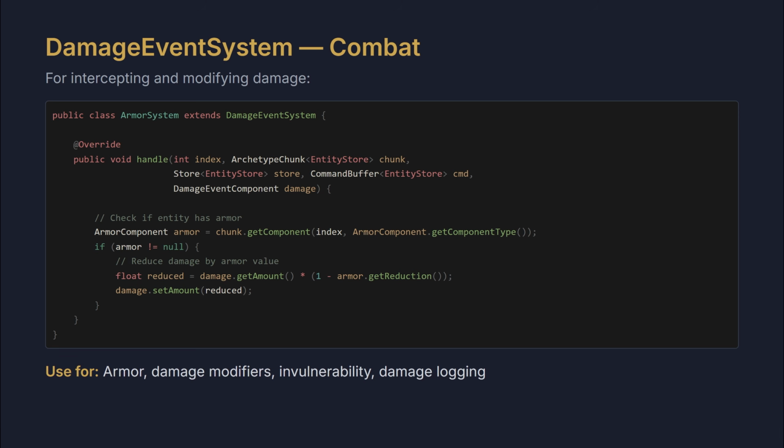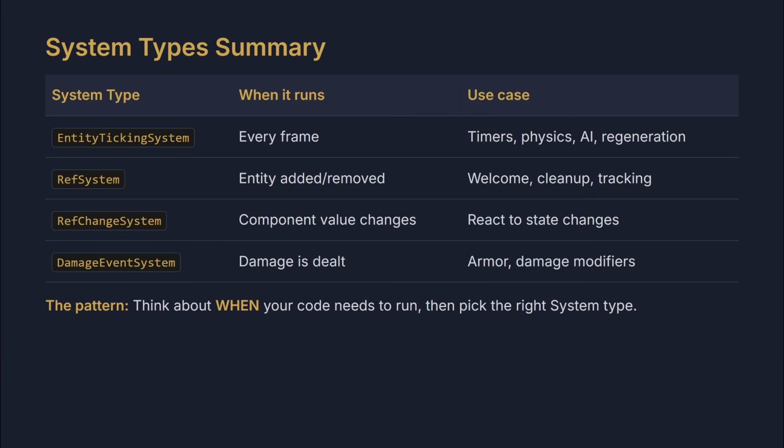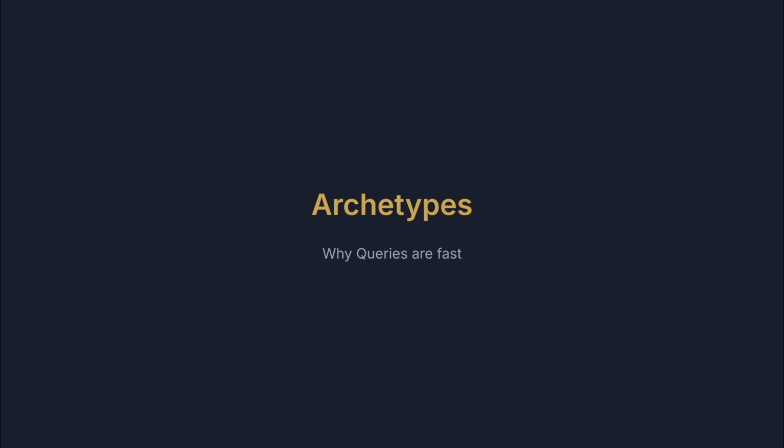So this is very useful for armor, damage modifiers, invulnerability, and damage logging, for example. So we have different types of systems, and those are not every system that is available in Hytale, just a quick heads up. And the pattern is, think about when your code needs to run, then pick the right system type.